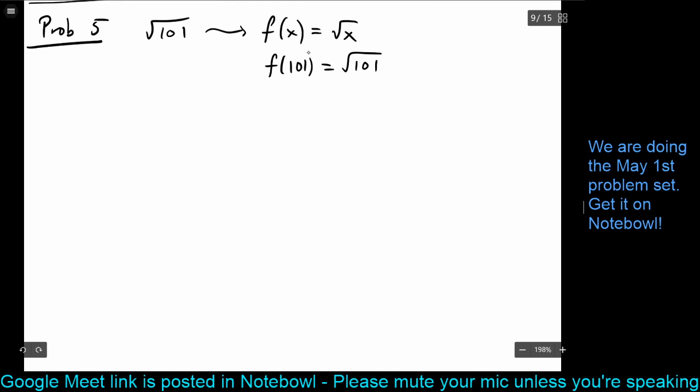So I want to approximate f of 101. Is there a value of x I can plug in to f that gives me a nice value that's as close as possible to 101? What value would that be? I want to get as close as possible to 101, but still have a nice output from f. What x value would that be?